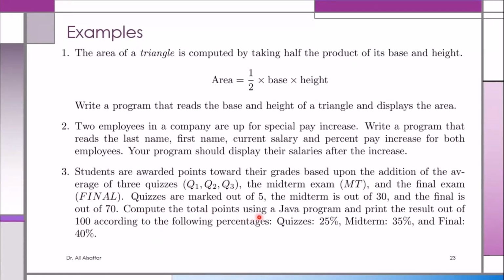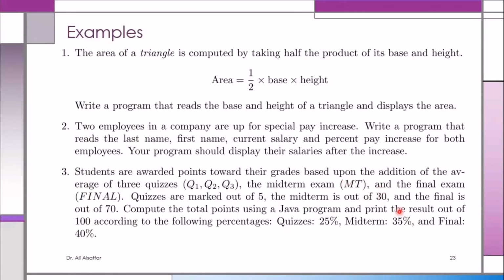So compute the total points using a Java program and print the result out of 100 according to the following percentages. See, 25, 35, 40, when you add them, you get 100. So the quizzes are marked out of 5. You need to convert the final answer into 25. Simply change the scale. And the midterm is out of 30.